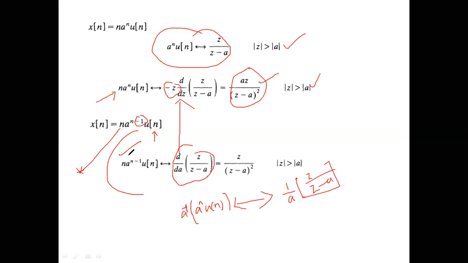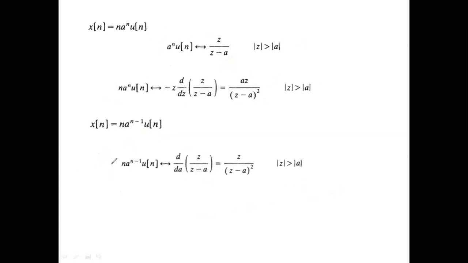Now this question has become n into a to the power n into u of n with an a to the power minus 1. Did you get this particular thing? The way I wrote it is, I shall simply multiply it by a to the power minus 1 so that this term gets cancelled.